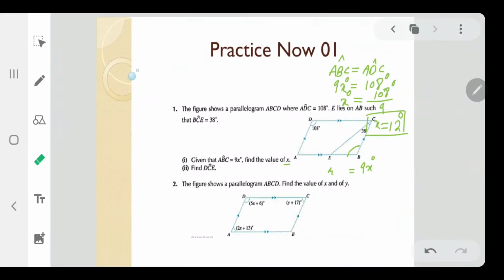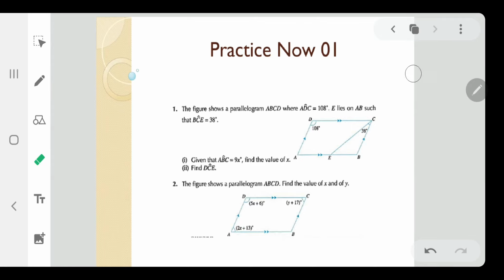Now here in the second part, we have to find DCE. We have to find out the angle DCE, right here.